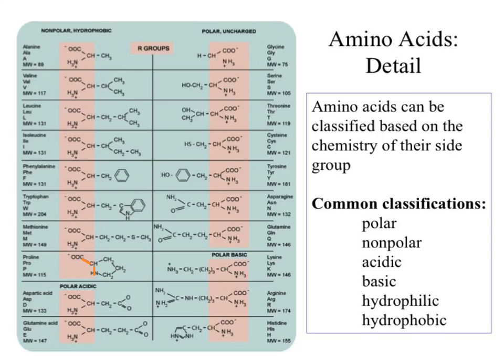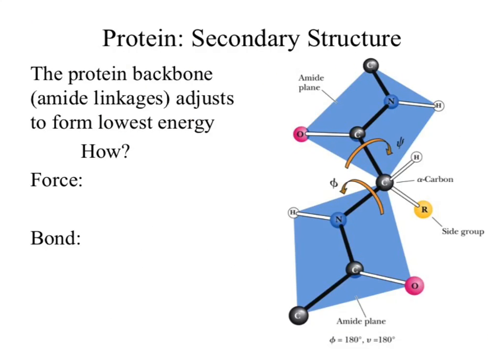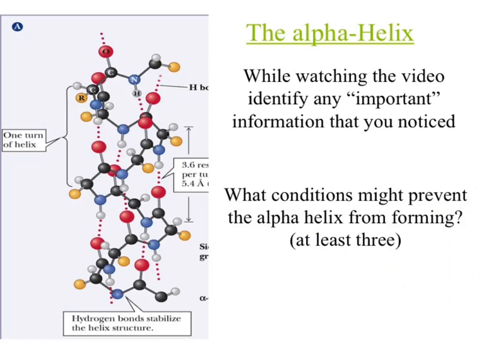What if we had a sequence of a bunch of, say, glutamates, or glutamic acid? Glutamic acid, glutamic acid, glutamic acid. Would that potentially cause a problem with our alpha helix? It could. Why?